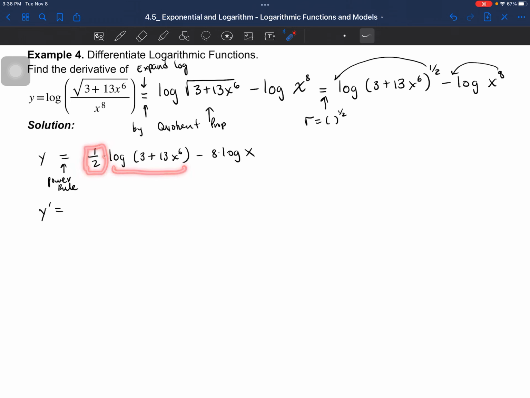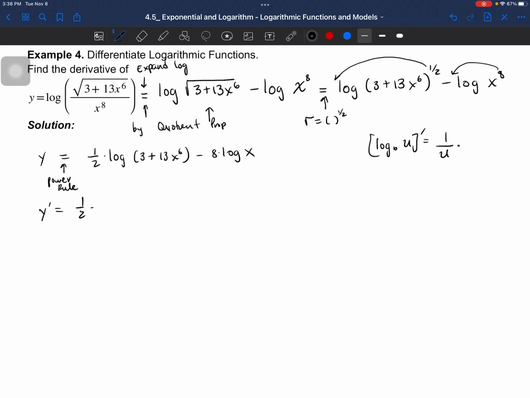And so this is now way, way, way easier for us, because all we gotta do is take the derivative of what we have. To take the derivative of y, we do y prime equals the derivative of the first term. Well, this is a constant being multiplied to a function, so we use the constant multiple rule, meaning the constant carries over and you multiply by the derivative of the function. So we have 1/2 times the derivative of the logarithm of 3 plus 13x to the 6.